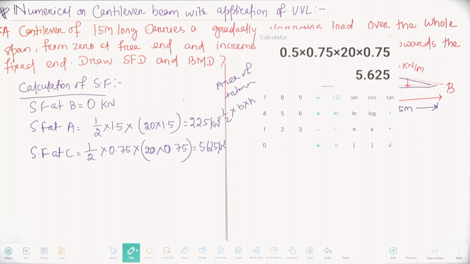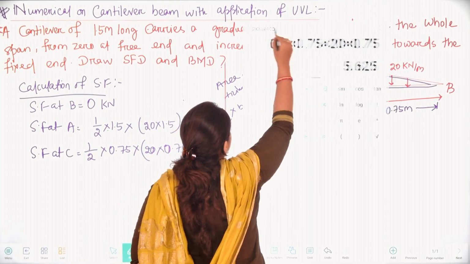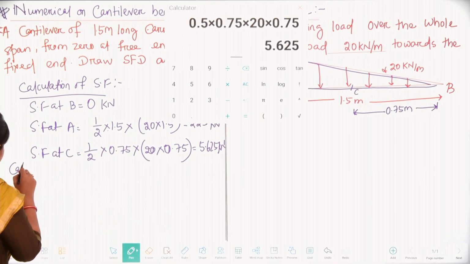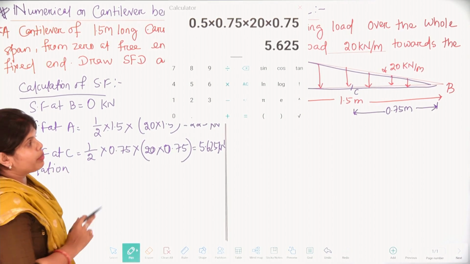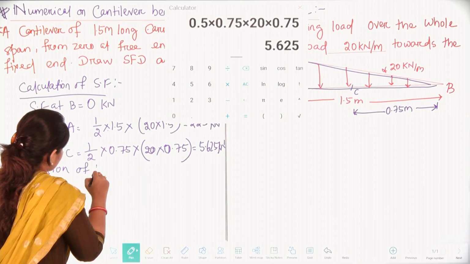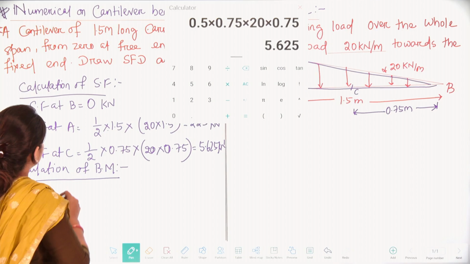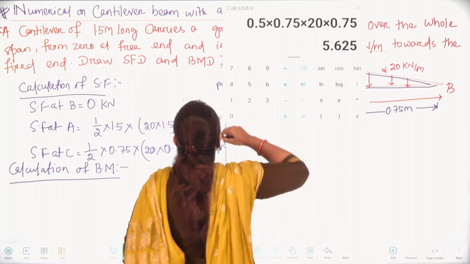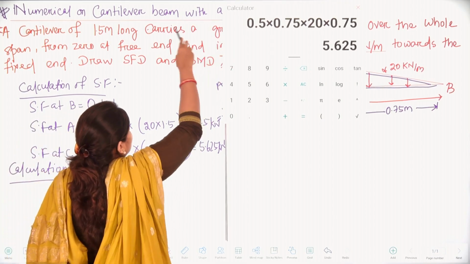Now our work is to find out what? The bending moment. So how can we find the bending moment? To find the bending moment, we just need to multiply the force with the distance. So, calculation of bending moment. Here we have the shear force at A, that is 22.5. So what will we multiply as the distance?